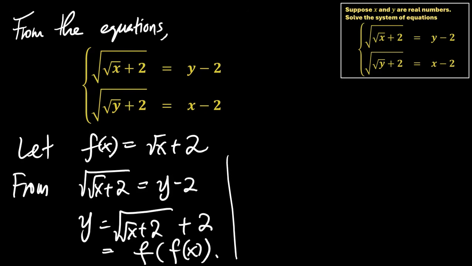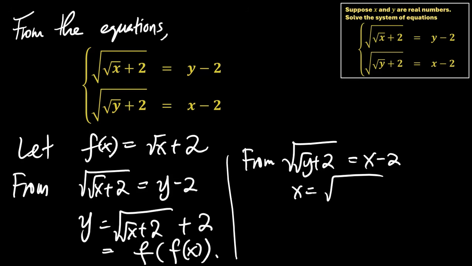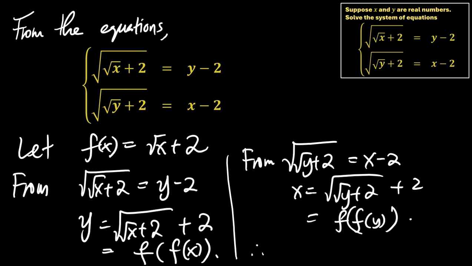Likewise, from the square root of y plus 2 equals x minus 2, so x equals the square root of y plus 2, plus 2, which means f(y). To combine this, we have x equals f(f(x)).